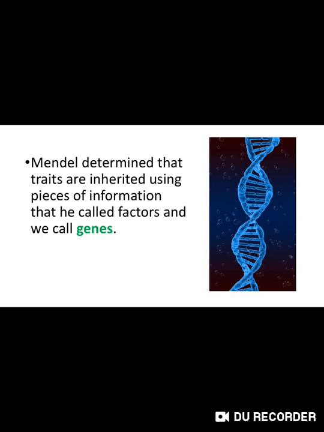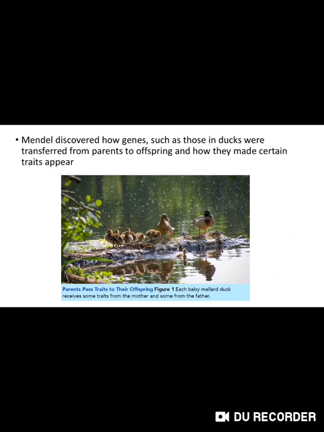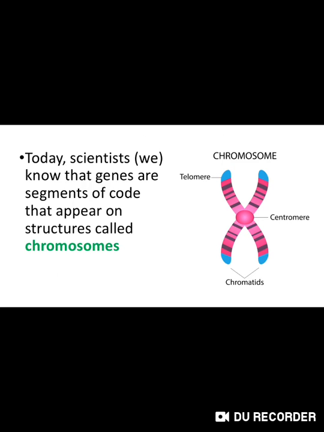Mendel determined that traits are inherited using pieces of information that he called factors, but we scientists of today call genes. Mendel discovered how genes, such as those in ducks, were transferred from parents to offspring and how they made certain traits appear. Like the example in your book of Figure 1, each baby mallard duck receives some traits from the mother and some from the father.